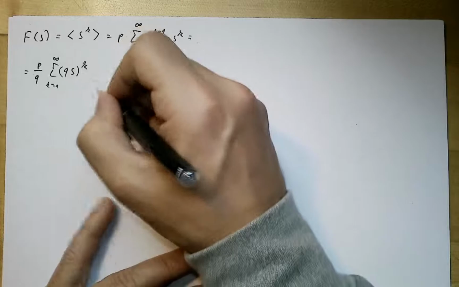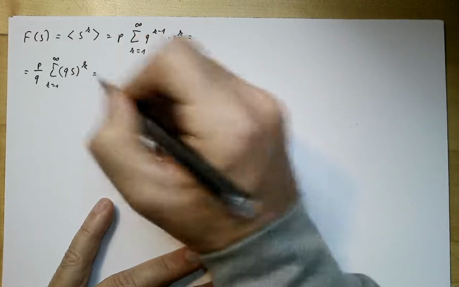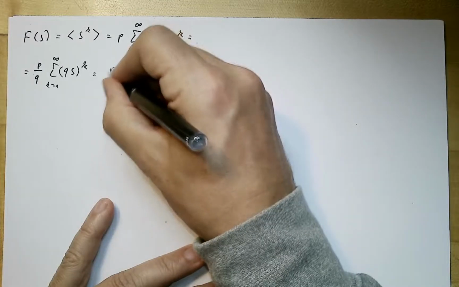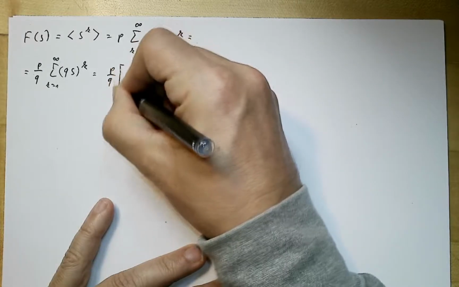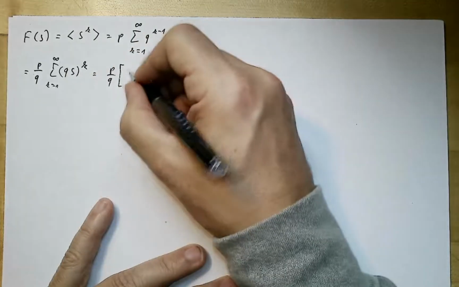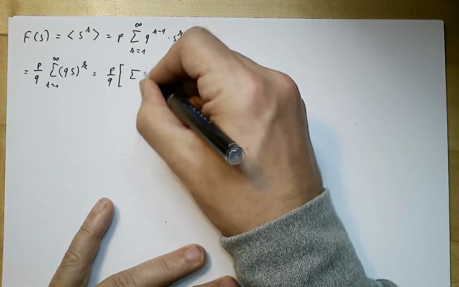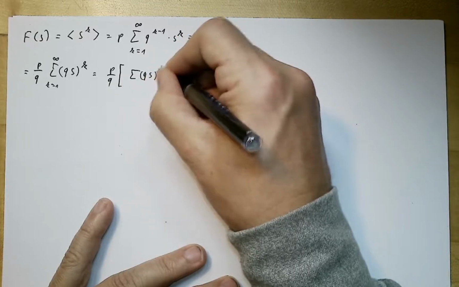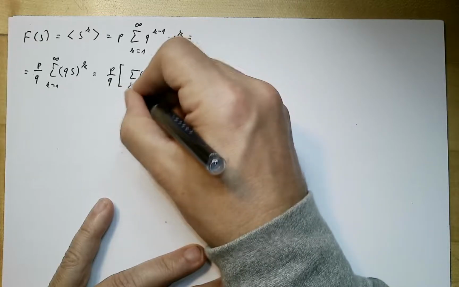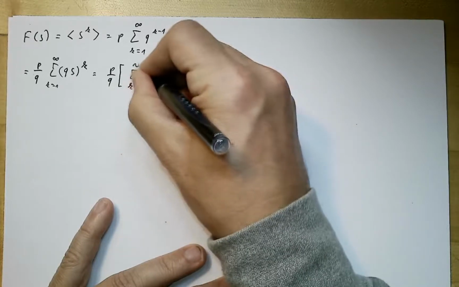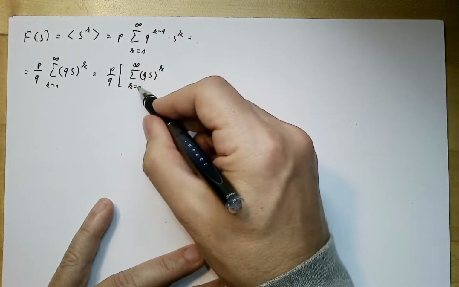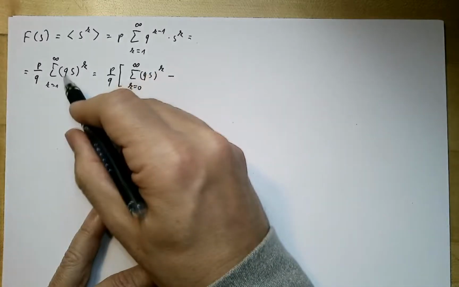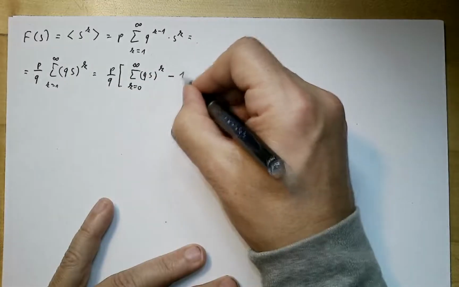So what we need to do is rewrite this. First let's write here this p over q. Now we write here the real geometric series, q times s to the power k, and now we have k from 0 to infinity, but then we made a mistake and this we have to subtract again, and the value for k equals 0, something to the power 0, is 1.